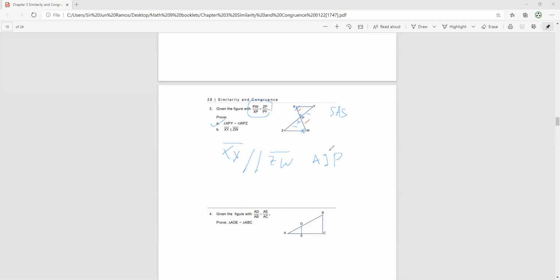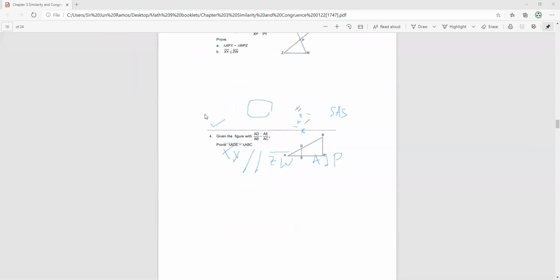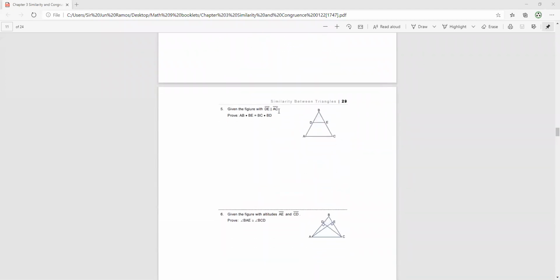Let's write this more formally as a column proof when we have the class. So now you know how to approach proving that two triangles are similar based on the given. You can continue doing the rest. This ends the video illustrating how to prove that two triangles are similar.